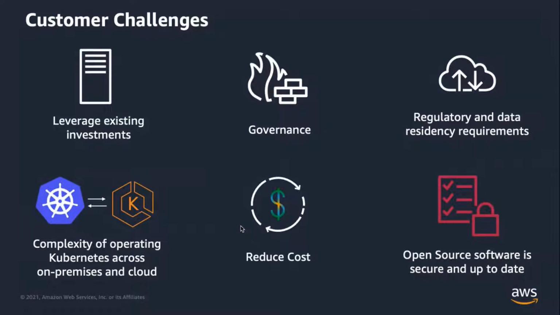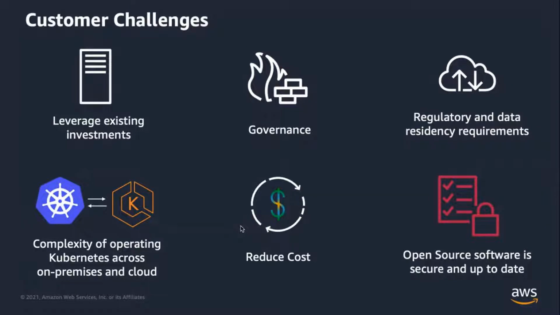EKS Anywhere also enables customers that are looking to reduce the complexity of operating their Kubernetes clusters across multiple environments, both on-premises and cloud as well. We're also providing an opportunity to reduce cost in terms of being able to split your workloads and customize your workload deployment options, as well as giving the customers an option to run a secure and stable open source software that is vanilla Kubernetes.